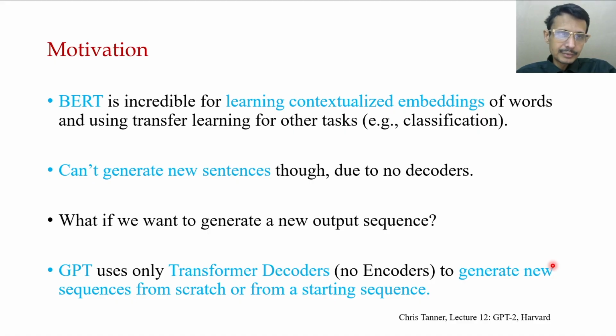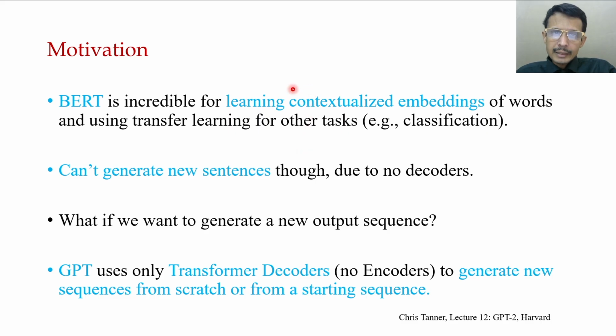In the last class, we have observed that BERT is a very efficient model for learning contextualized embeddings, and for using transfer learning for other tasks, for example, classification.